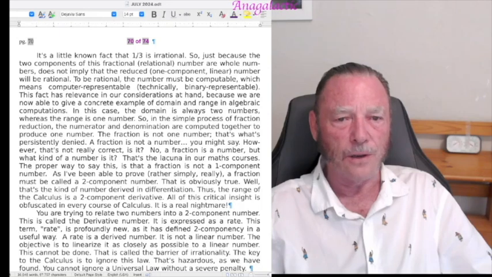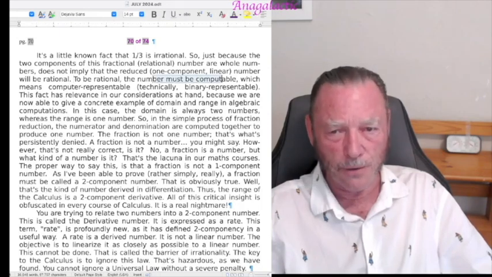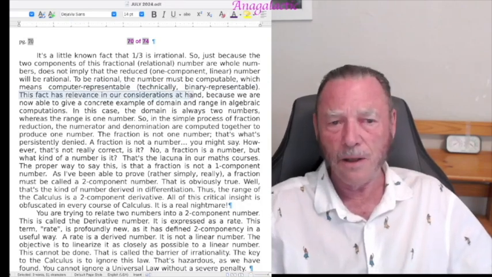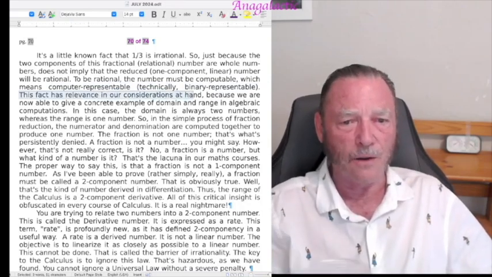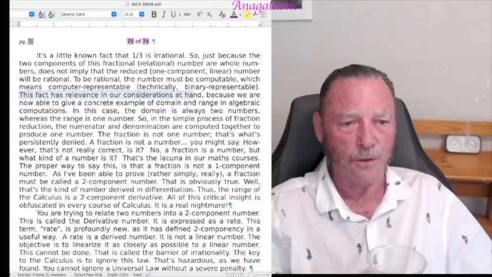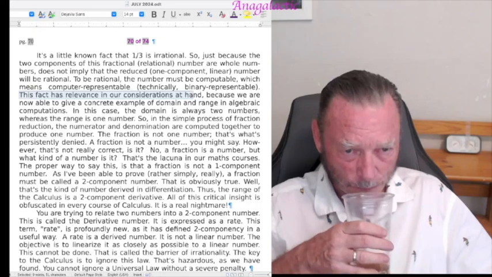To be rational, the number must be computable, which means computer representable, technically binary representable. This fact has relevance in our considerations at hand because we are now able to give a concrete example of domain and range in algebraic computations.